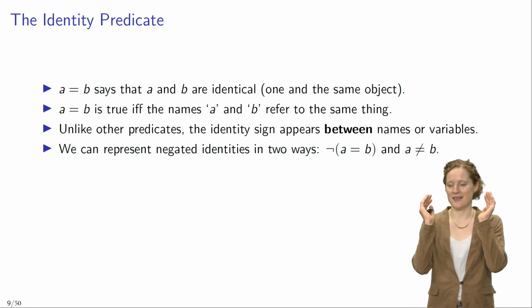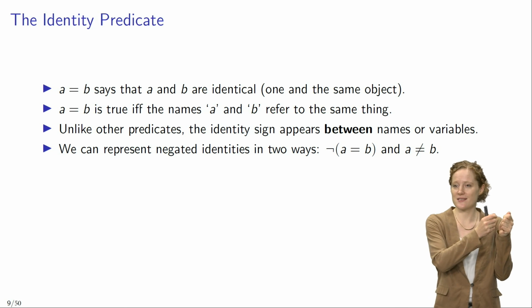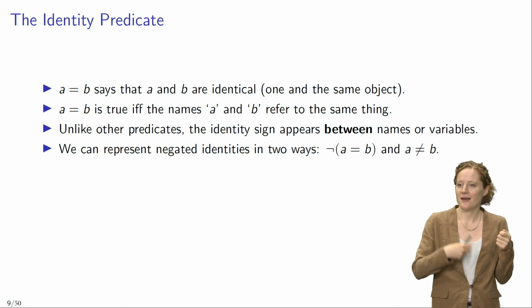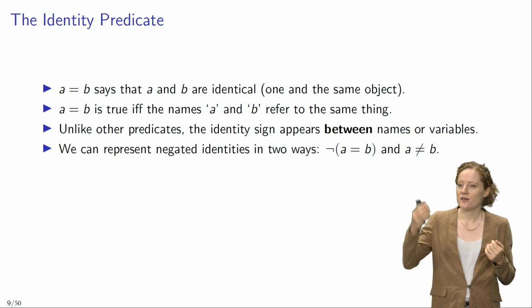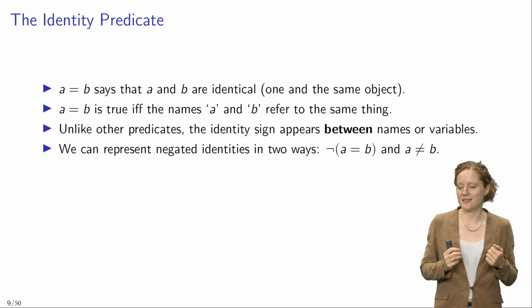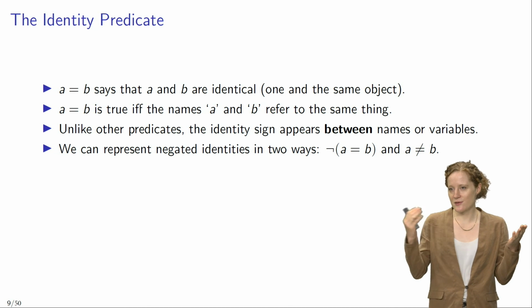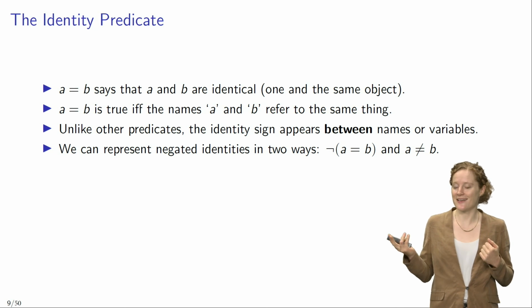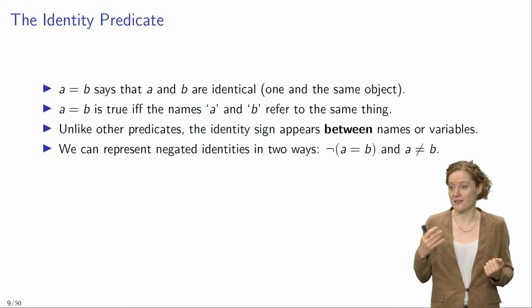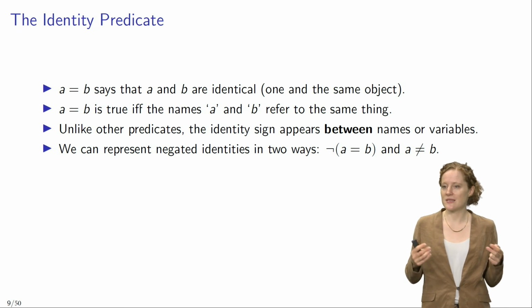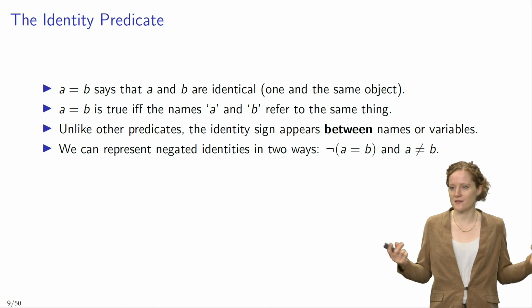You may take an identity statement and just prefix it with a negation sign, and that results in a negated identity. Or alternatively, you may just cross out the identity sign. So these two sentences on the right-hand side there, they say the exact same thing. They both say that A is not identical to B, meaning that the two names A and B refer to different things.